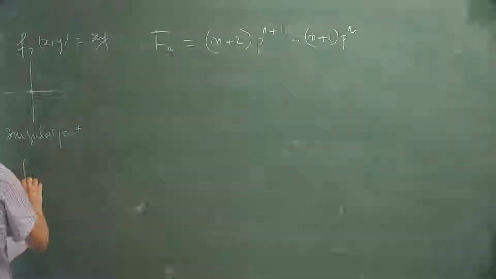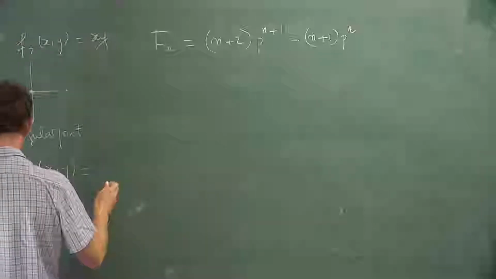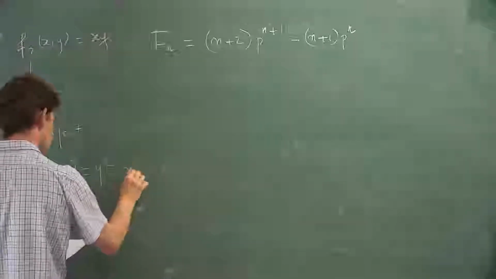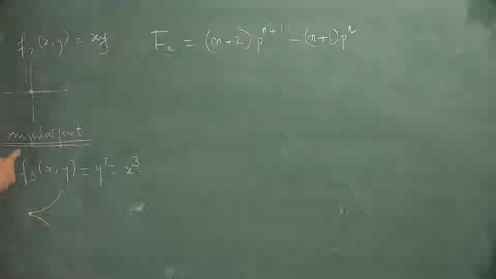Now you consider another example, which is the case of the cusp, y^2 minus x^3. Now you have another singular point, but the singularity is different. So this is the cusp.